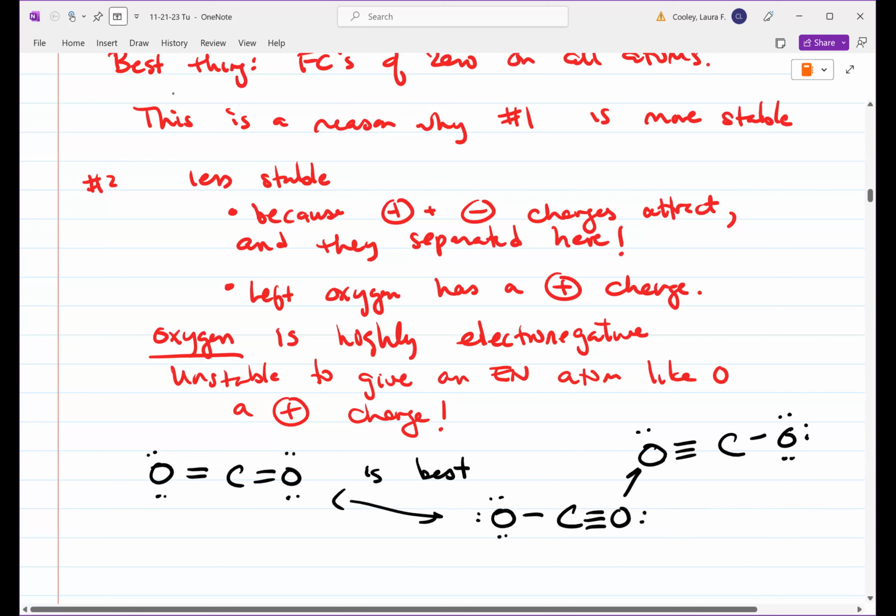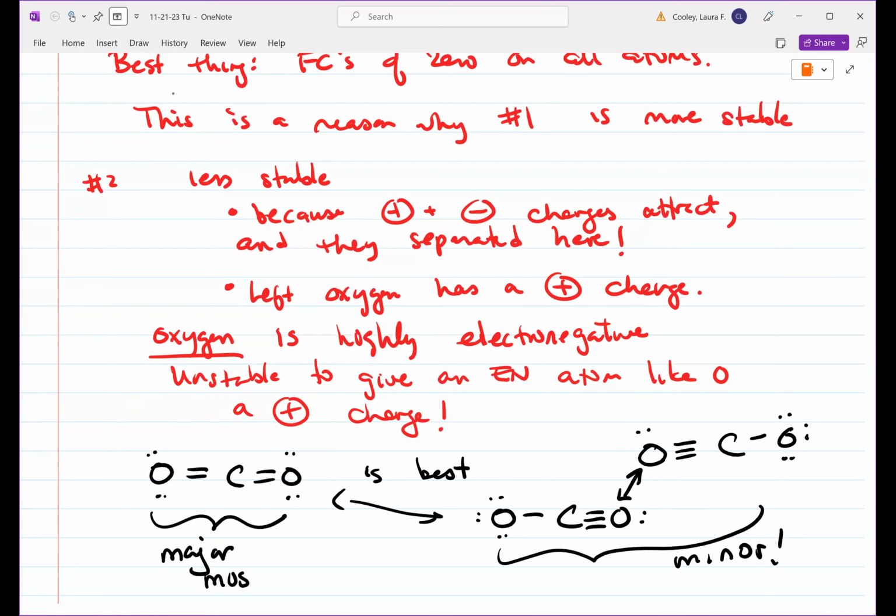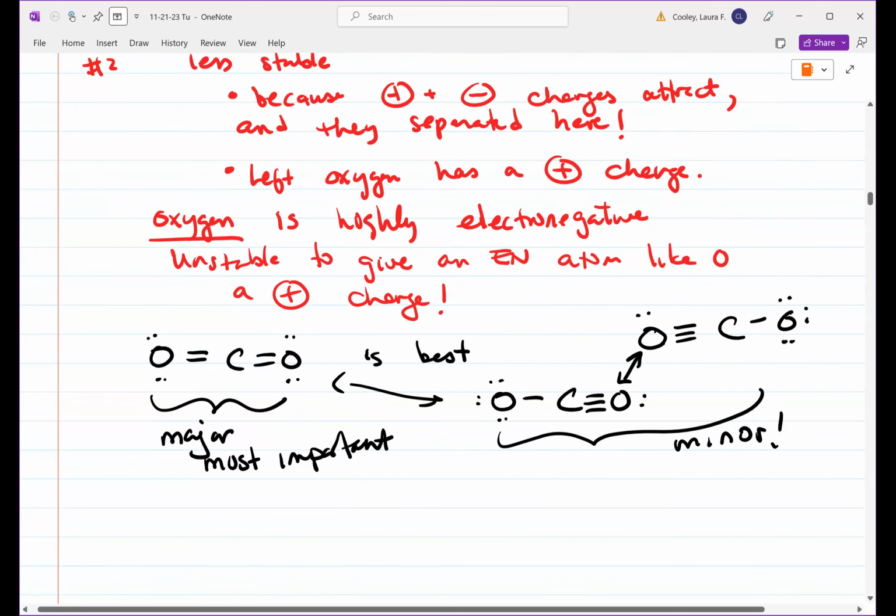So we use this double arrow for resonance forms, but these I would say are very minor. And this is a major, the most important resonance form by far.